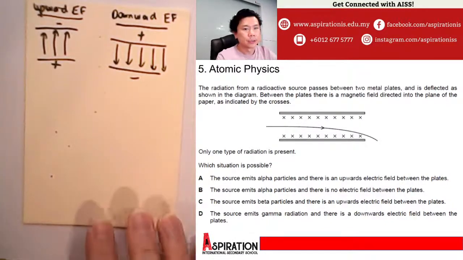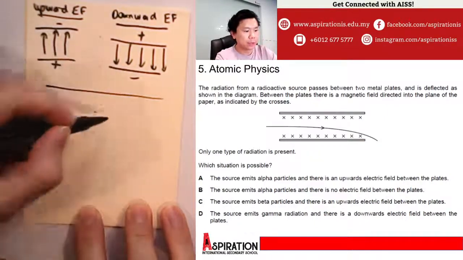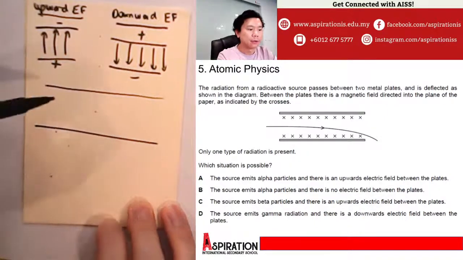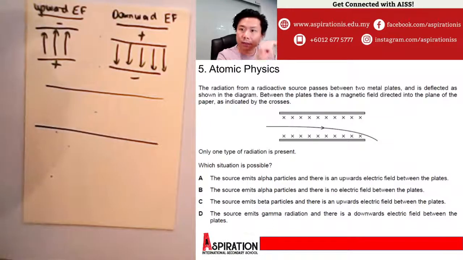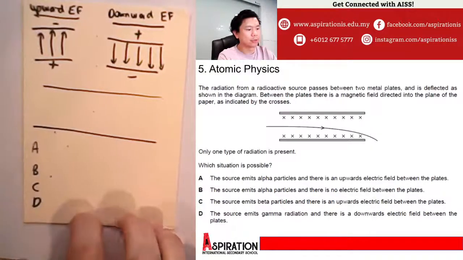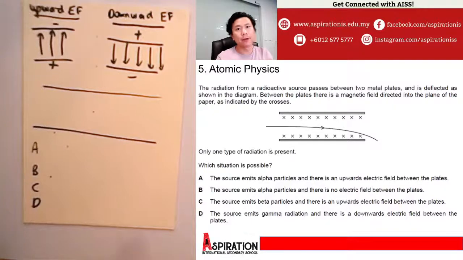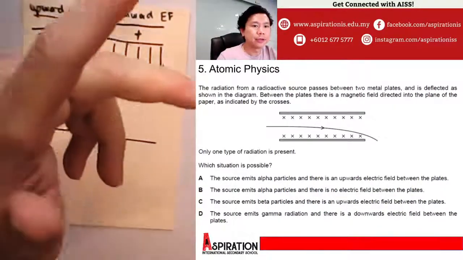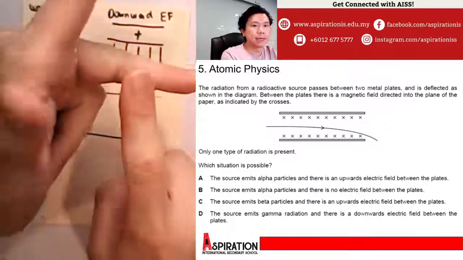All right. So they have now told us that the magnetic field is into the paper. So let's test whether A is correct or not. So if it is alpha, remember for atomic physics, alpha is the same as current.